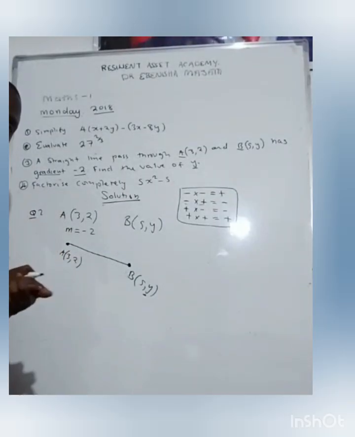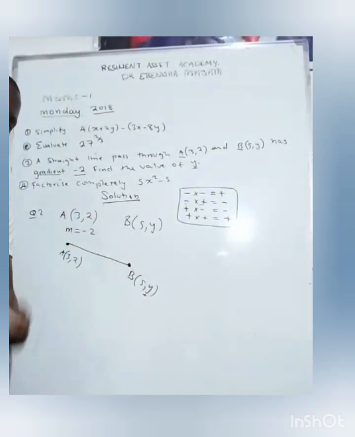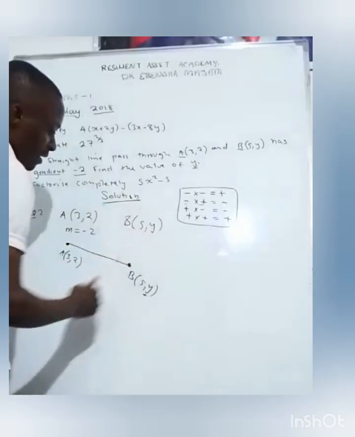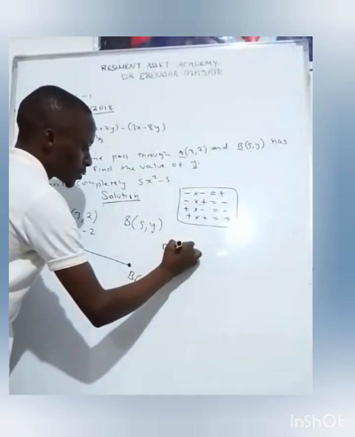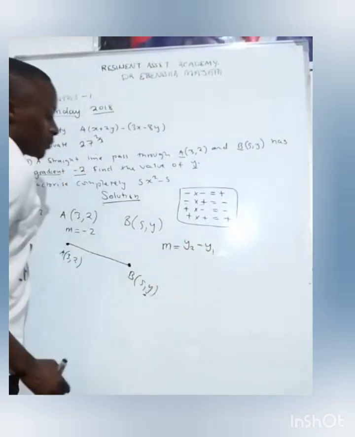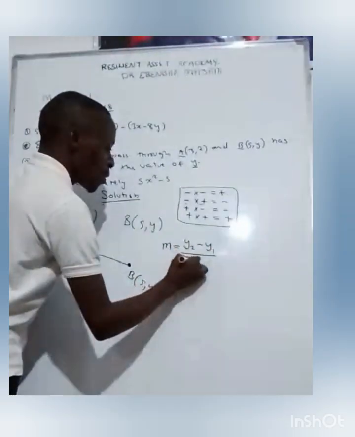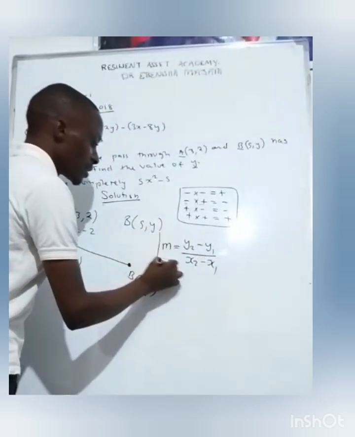The formula for the gradient is change in y over change in x. So what I'm trying to say here is gradient, which is m, is equal to y2 minus y1 divided by x2 minus x1. So don't forget this formula.